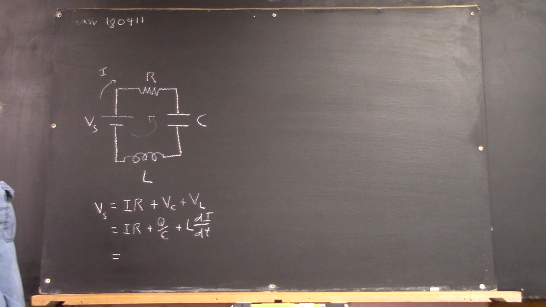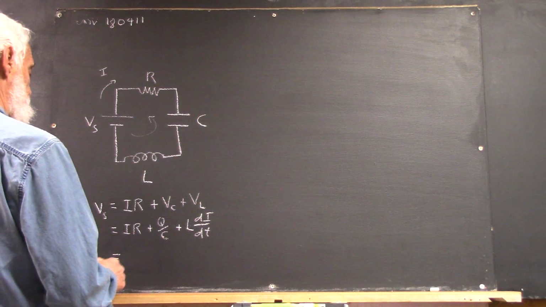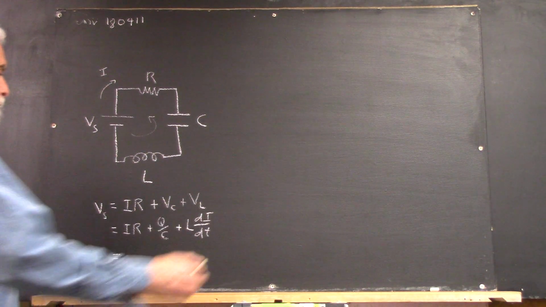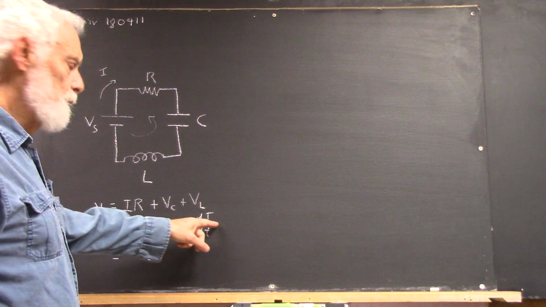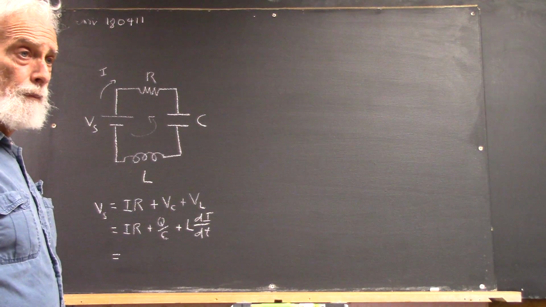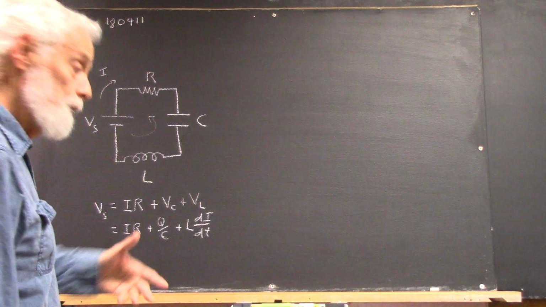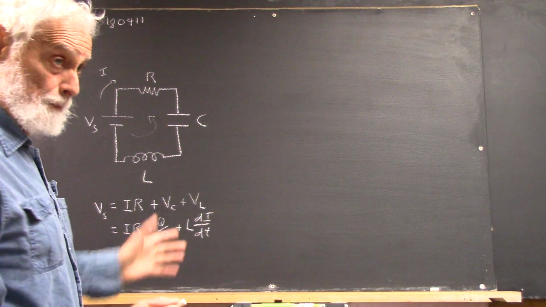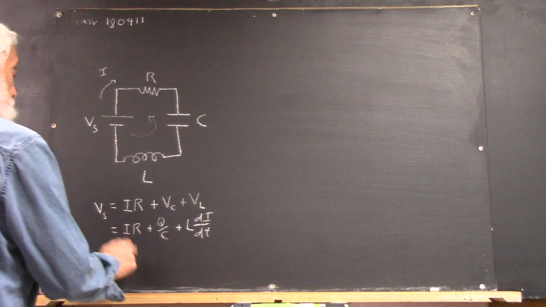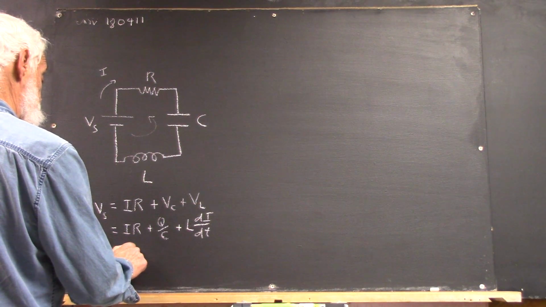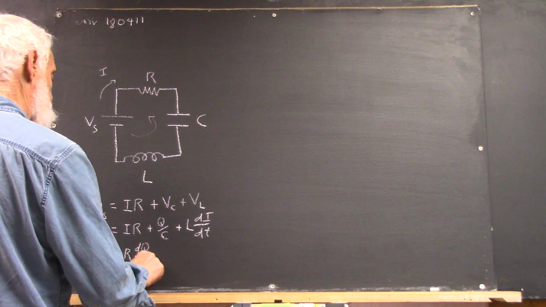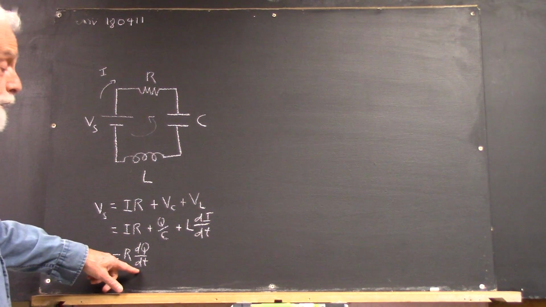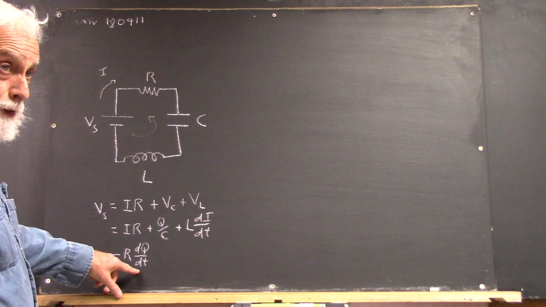And voltage of the source doesn't have to be constant, but I've drawn it as a constant voltage here. Okay? So we want to do this in terms of just one variable. We've got two variables here. We've got Q and we've got I. So how are we going to do that? Well, y'all were already into that question. Now the current is dq dt.